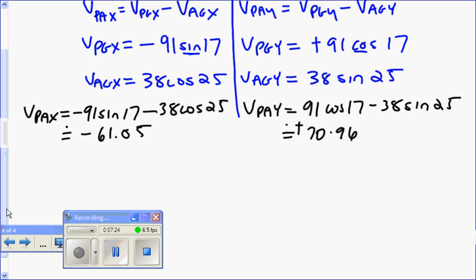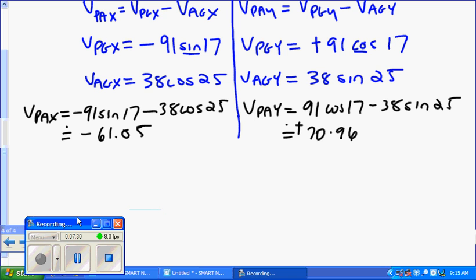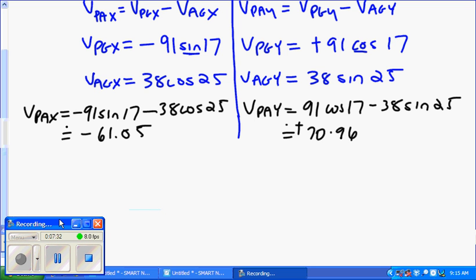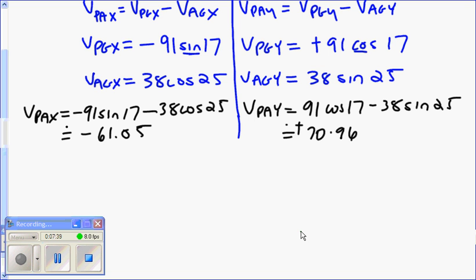So continuing, remember that once you have your x and your y, you have to make a right angle triangle, and this is where we'll use the Pythagorean theorem. When I draw my triangle, I'm going to draw my x first. You put your pen down, you start drawing the x, negative 61. Don't pick up your pen, go ahead and draw the y, which is in the positive direction.